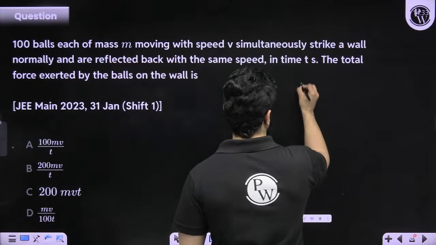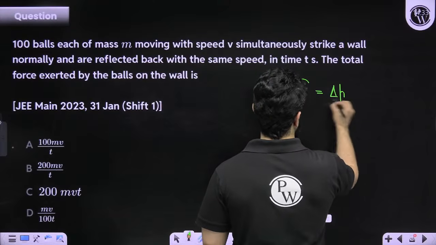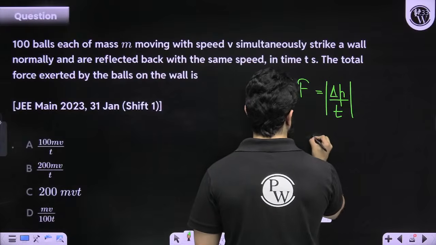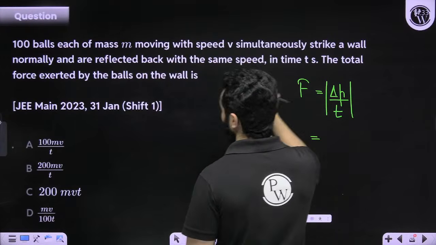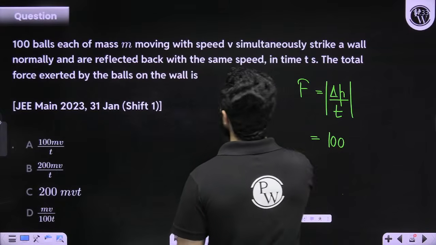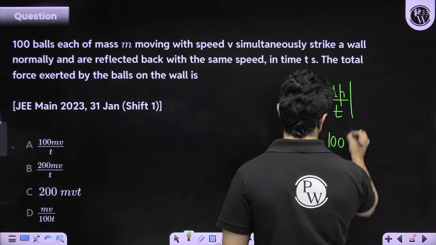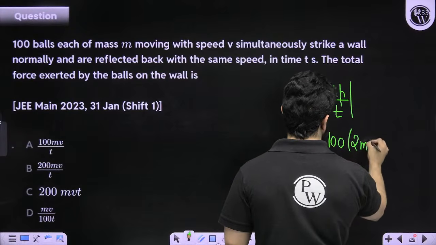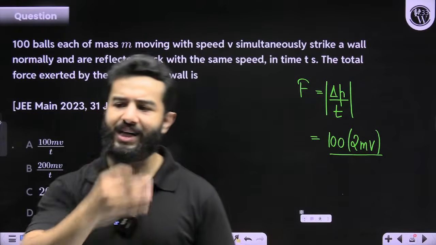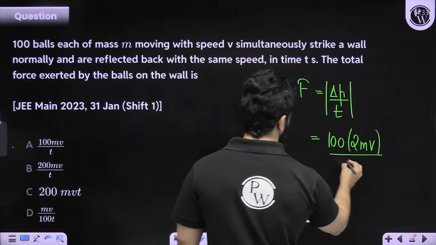Use Newton's second law. Force is the change in linear momentum divided by time taken, and since they are only asking about magnitude, we find the magnitude only. You have 100 balls, each of mass m and velocity v, reflecting back with the same speed. So the change in momentum for each ball is 2mv. For 100 balls, it is 100 times 2mv, divided by time t.